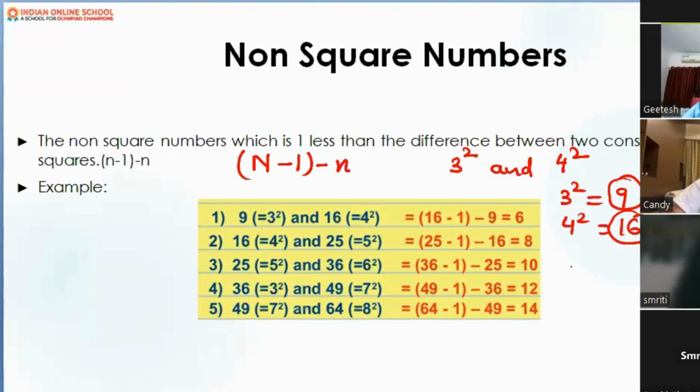So 16 minus 1 is 15, and from this 15 we subtract the smaller number, which is 9. So 15 minus 9 is going to be 6. So between the square of 3 and the square of 4, there are 6 numbers. Got it?